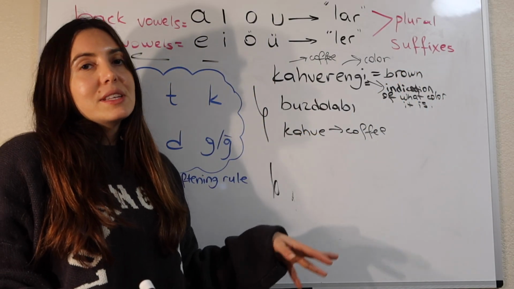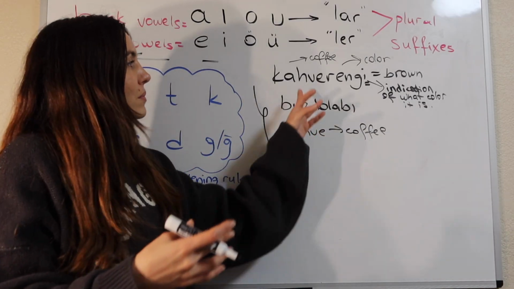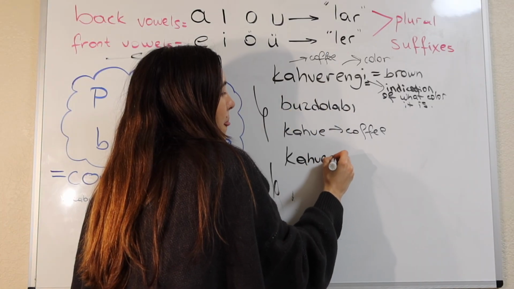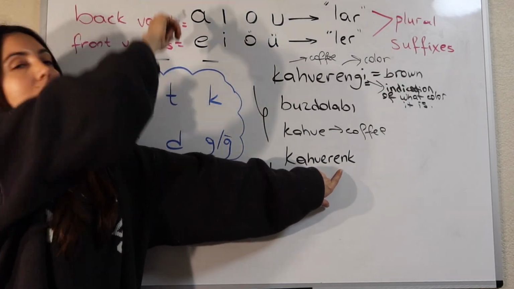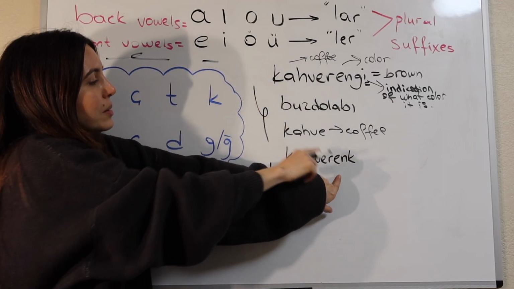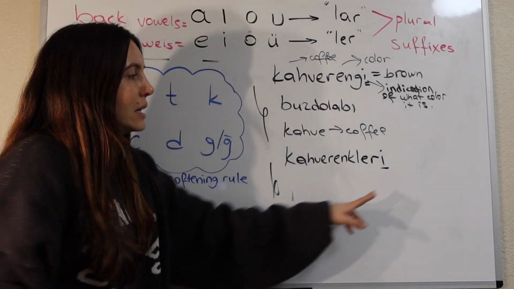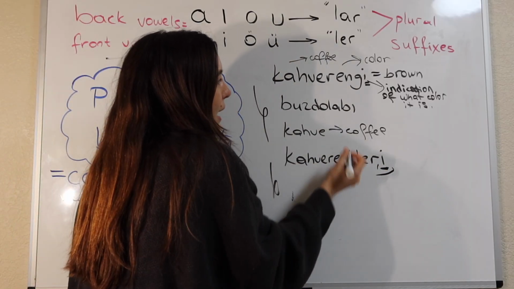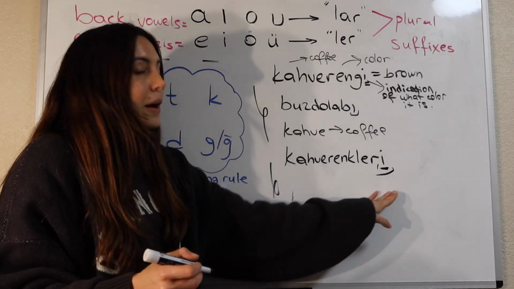And when we have to say brown colors, this can be plural, like this. Kahve, renk, and we look at our rule here, this ends with the vowel, I mean, that's the last vowel. So it's going to be kahverengiler, and it's still going to indicate what color it is. So the E is going to go at the end, just as buzdolabı. So I hope this makes sense.